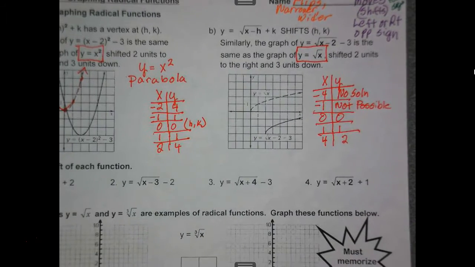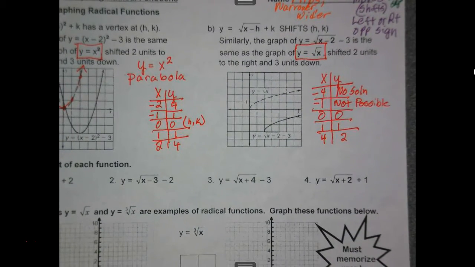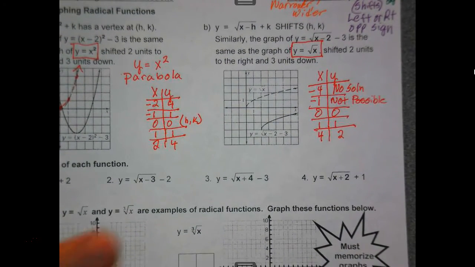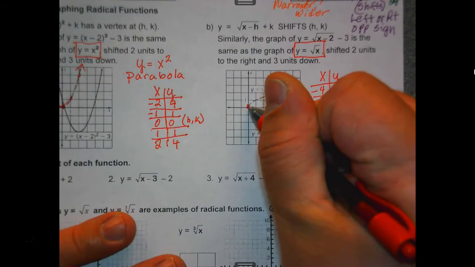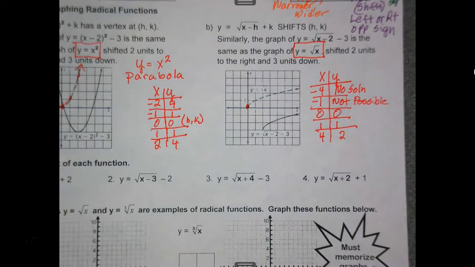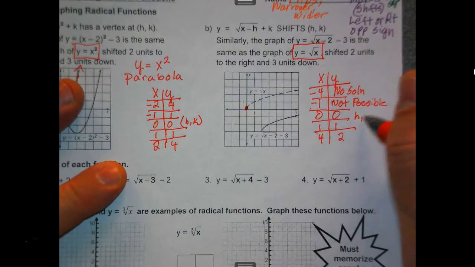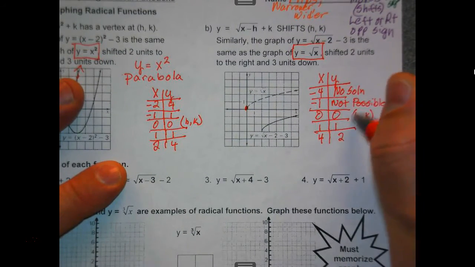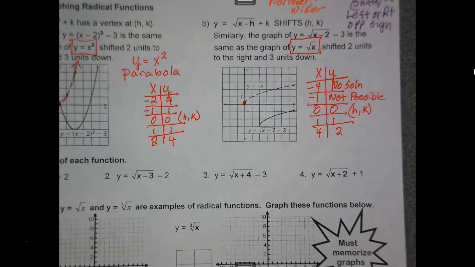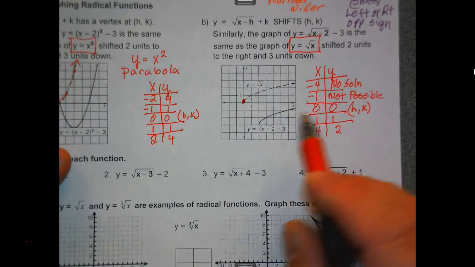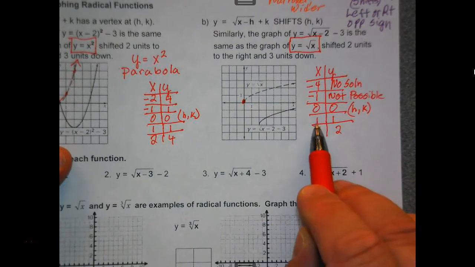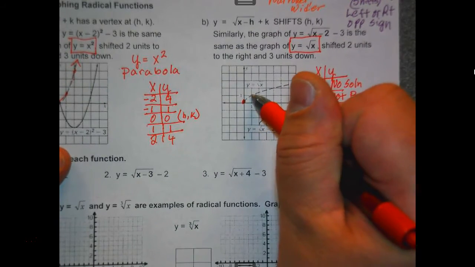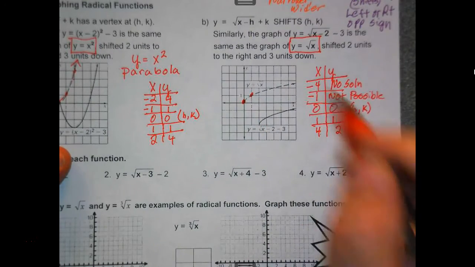Okay, so our function starts at 0, 0. Think of that as your vertex point, your h, k, 0, 0. Okay, now let's plot some points here: 1, 1; 4, 2.